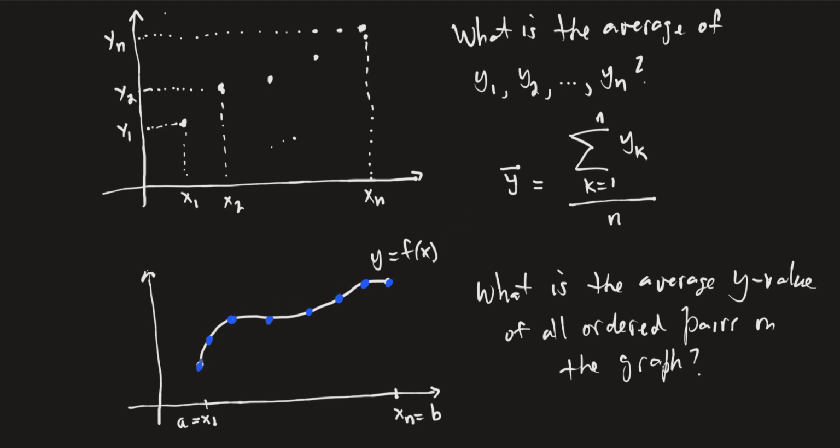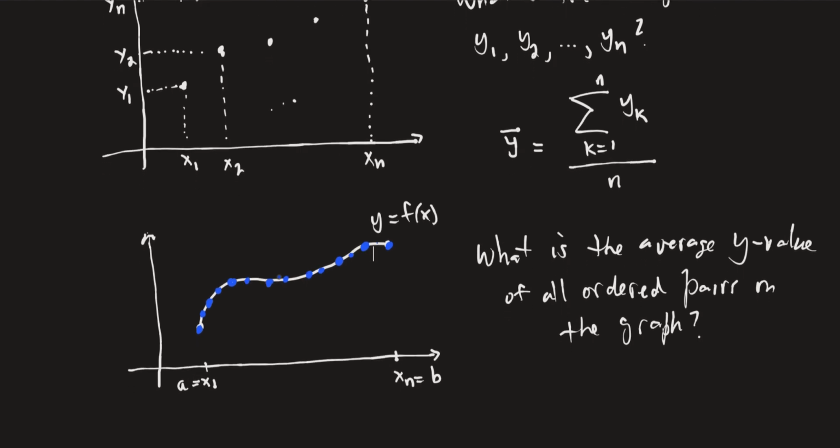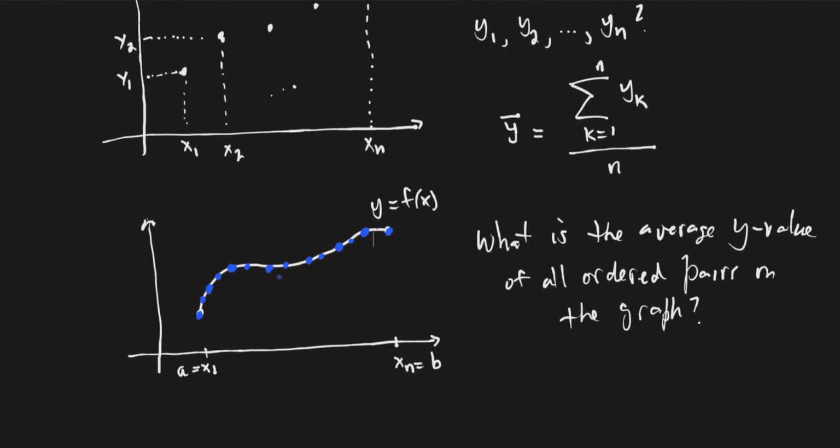I'm just going to average the y values of the blue ordered pairs that I have indicated here. I know how to do those because these are distinct points. And then the idea is, what if we fill in more and more points? Before I fill it in completely, let's see what the approximate average will be.